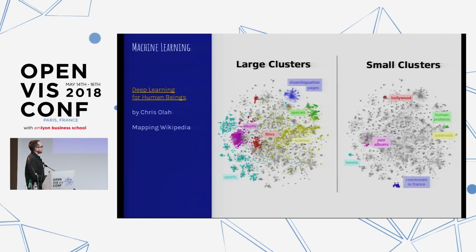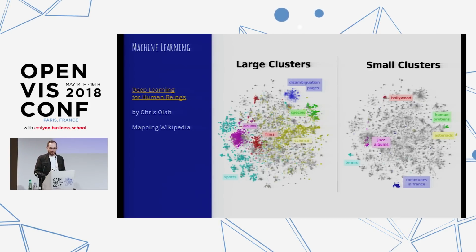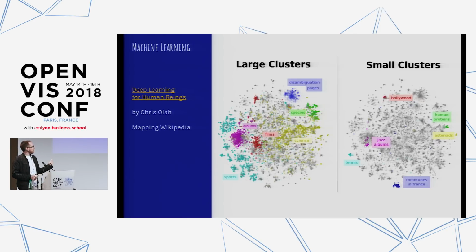The second thing that I want to point out is that neural networks can also work on all kinds of data now, right? And when they work, they often create meaningful representations, although they don't always mean what you think they mean, but there's something there. This figure is taken from Chris Olah's awesome blog article called Deep Learning for Human Beings. In it, he has a neural network that's learned paragraph vectors to represent Wikipedia articles, and then he uses t-SNE to visualize those representations.